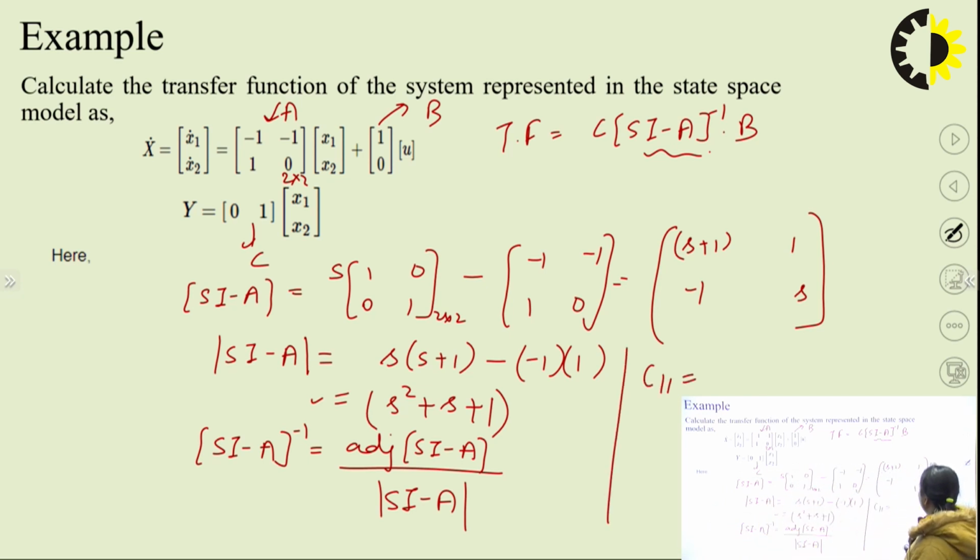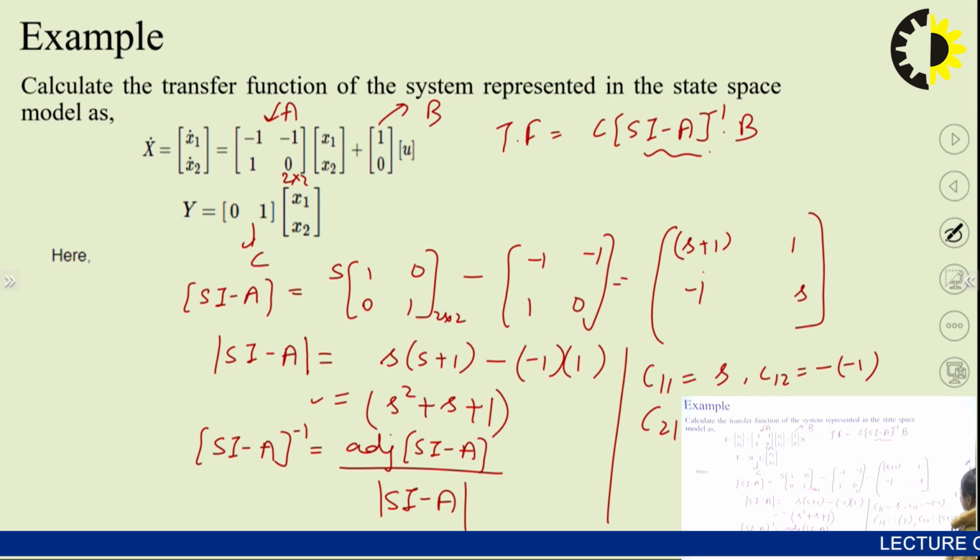The cofactor C11 will be s, C12 will be minus of minus 1, C21 will be minus of 1, and C22 will be s plus 1, okay.